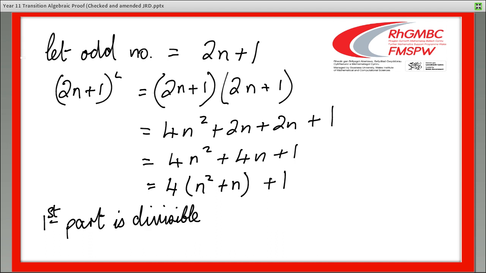First part is divisible by 4, with a remainder of 1.